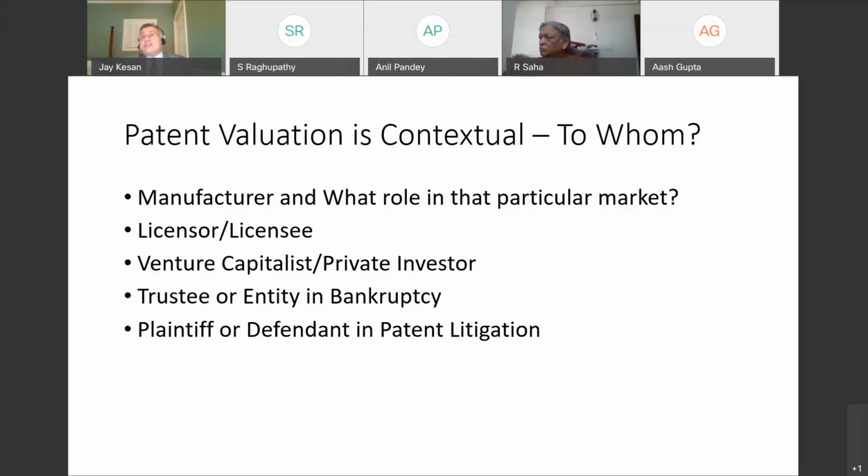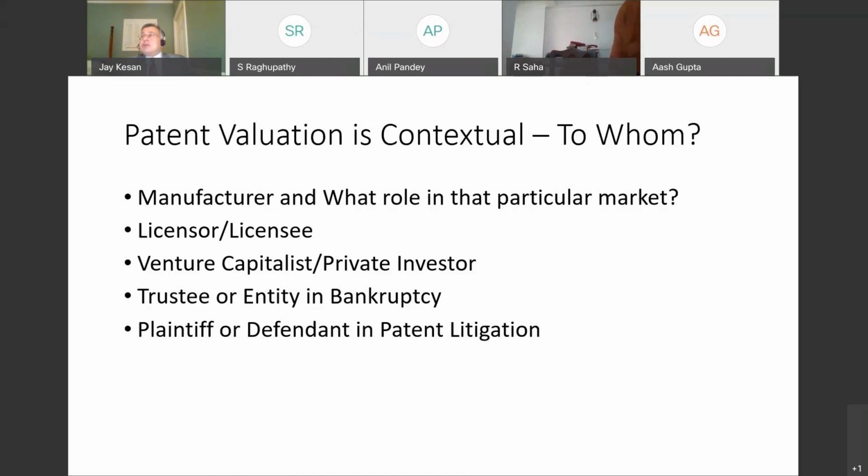You might have a third situation where you might be a private investor. You might be providing some private capital to a company, or you might be a venture capitalist investing in a startup company. In that situation, the patents are really valuable because they drive the value of that startup, right? How much do they affect the value of the startup? That's what you're really interested in.